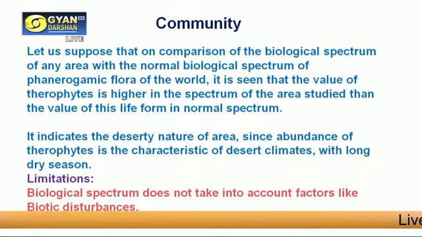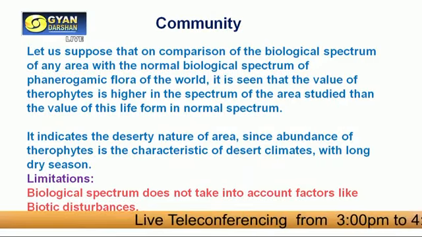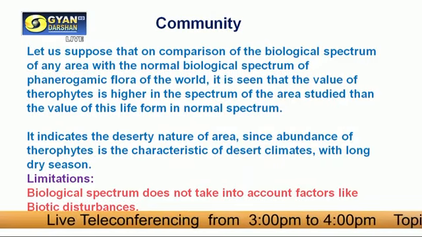The classification system of life form given by Raunkiaer is very relevant because it has a lot of other significance as well. So if you have such a condition, it indicates the desert nature of the area, since abundance of therophytes is the characteristic of desert climate.